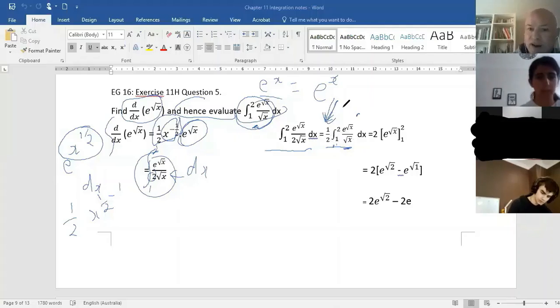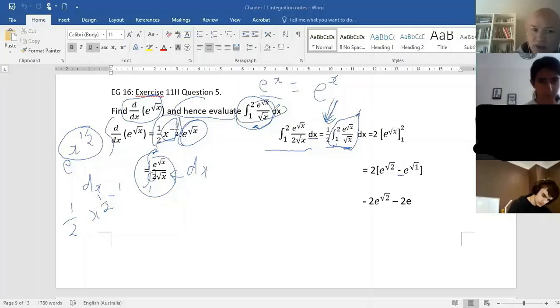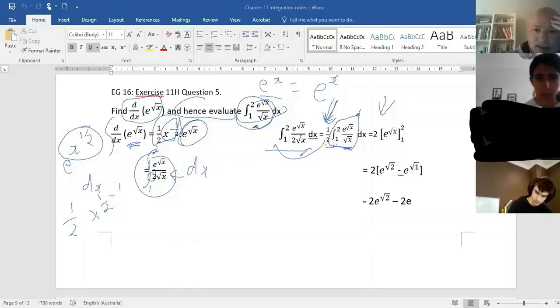Okay, now I know that this whole part will be e to the square root of x. But of course, I've got the half in front, so this half is going to come at the front.